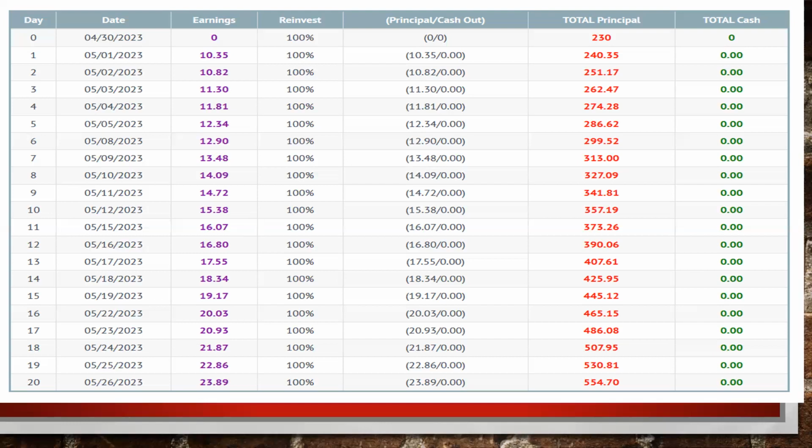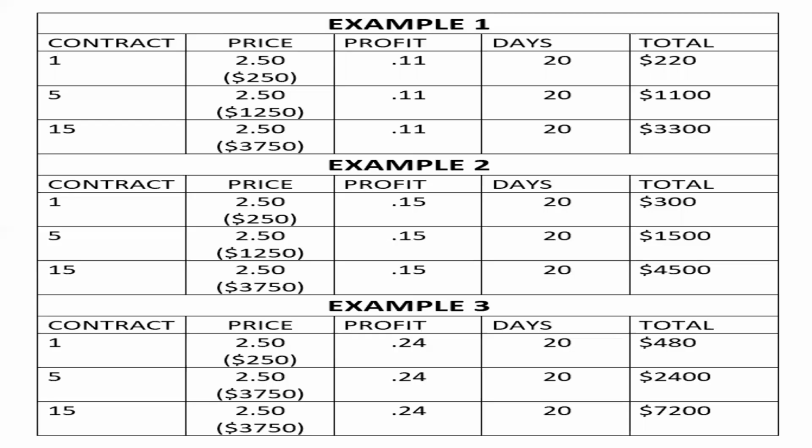So let's look at some examples if you had multiple contracts. With example one, with the one contract, this is what I showed you, and this is what you would have after 20 trading days or 20 trades.